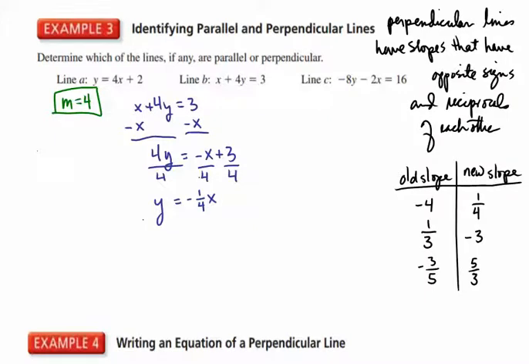Remember that -x over 4 is the same as -1/4 times x plus 3/4, and what we're really interested in is what is the slope of that line, and it happens to be -1/4. Now we can easily see that lines A and B have opposite signs and they are reciprocals of each other, so therefore A and B are perpendicular.